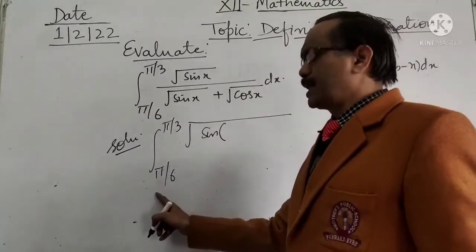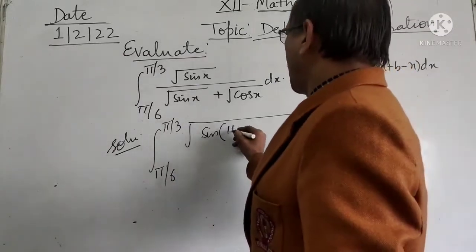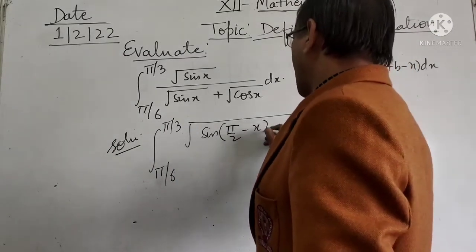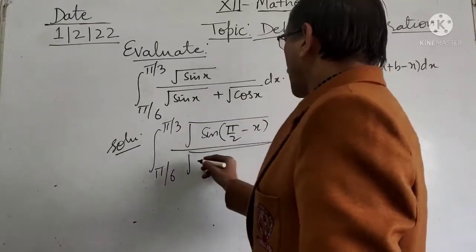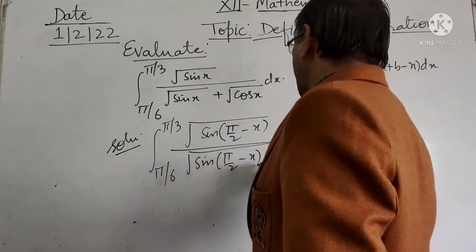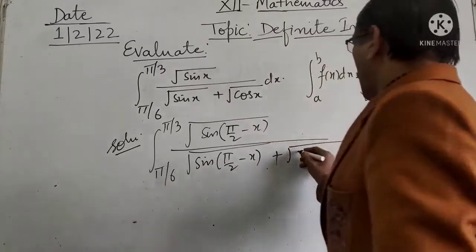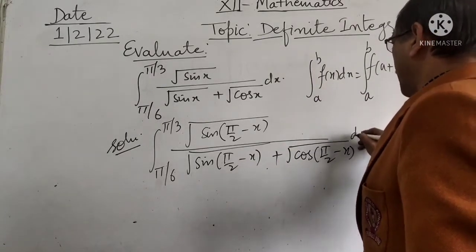Dear student, pi by 6 plus pi by 3 becomes pi by 2. So it is pi by 2 minus x upon root sin pi by 2 minus x plus root cos pi by 2 minus x dx.